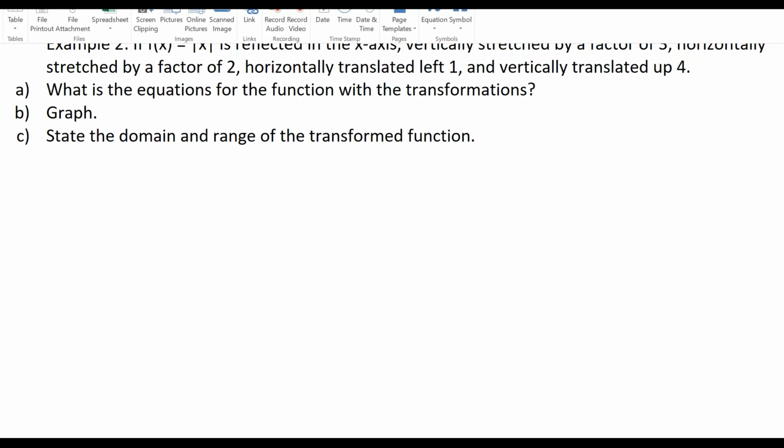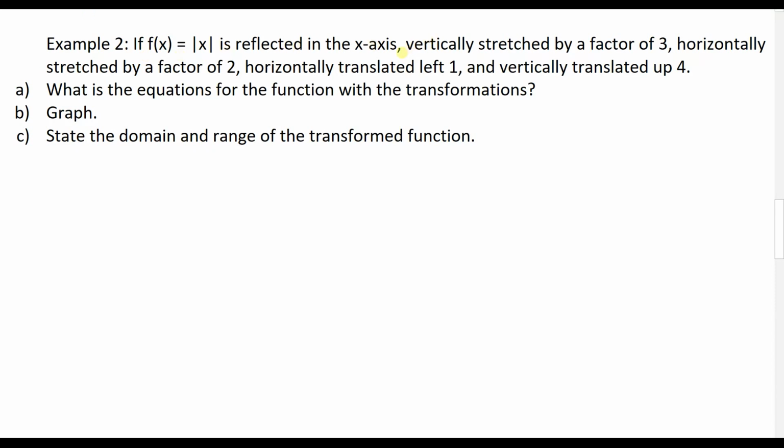We could just quickly write down what all of these transformations are. Reflected in the x-axis means, if we think back to the parabola, that it's going to be outside the function. So I'll just write that it's outside the function so I remember that it's not the one that's inside.